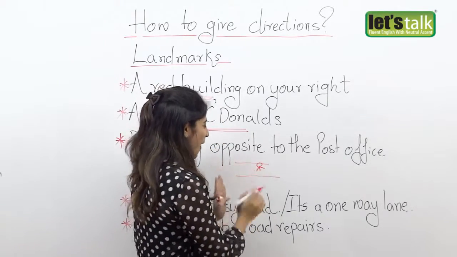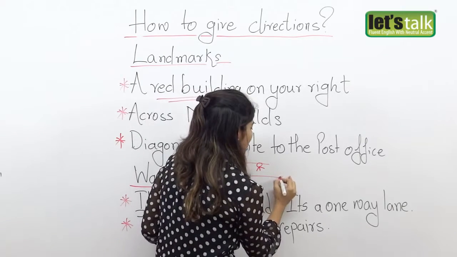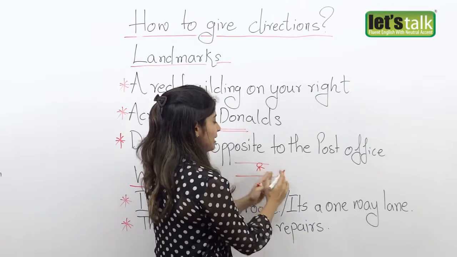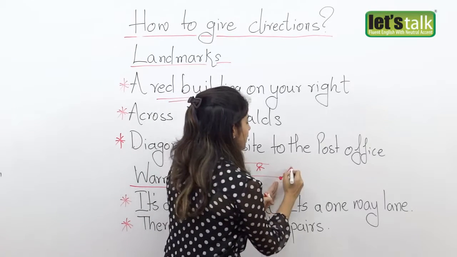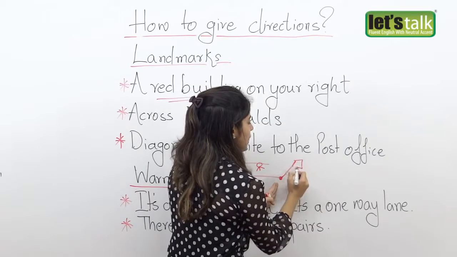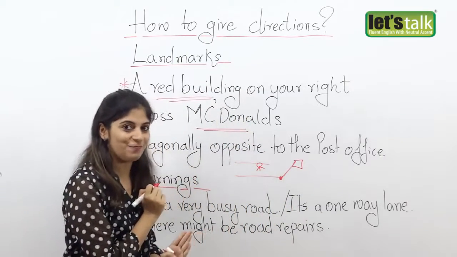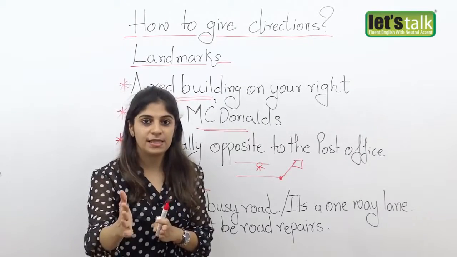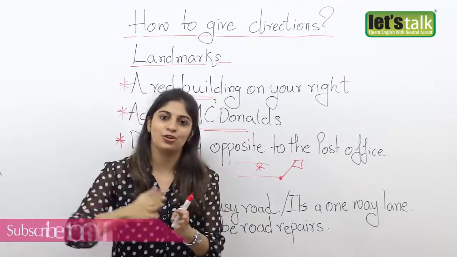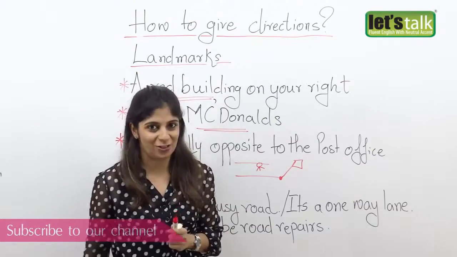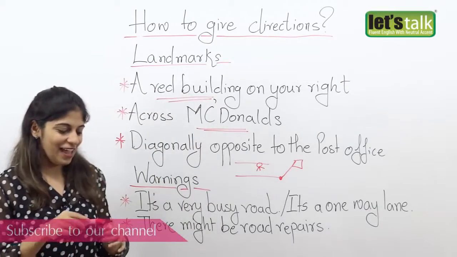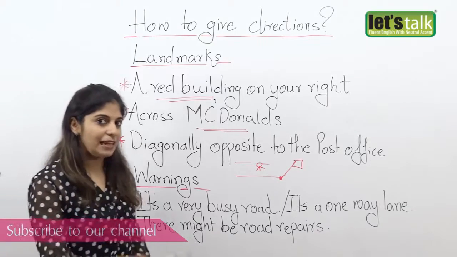So this is where you are, and here is the post office. It's diagonally opposite the post office, so it is right here. This is your destination. So diagonally means it's not exactly opposite. It's either to the left or to the right, but in the opposite direction. That's what we say, that it's diagonally opposite. So do use landmarks, that definitely helps.